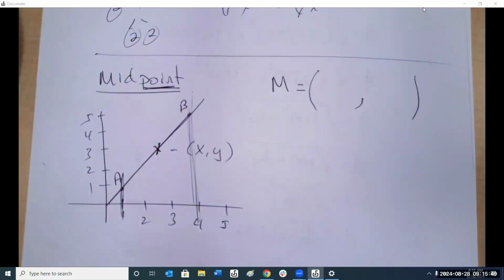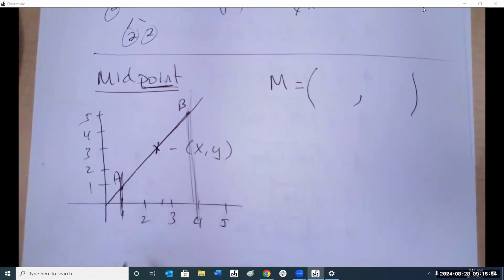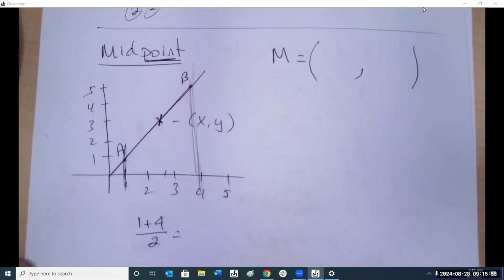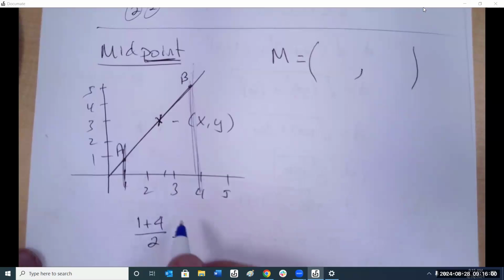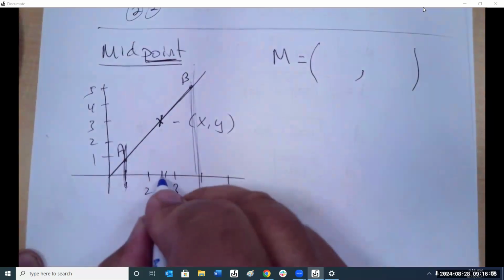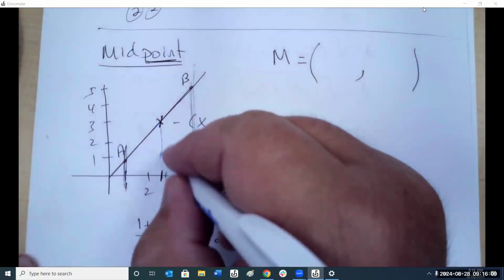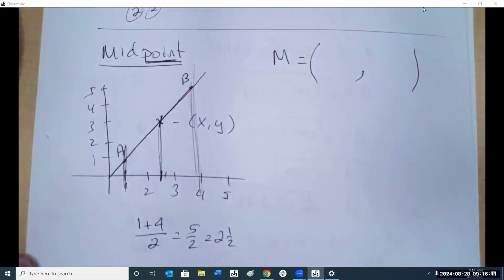Adding them together and dividing by 2. So to find the number that's halfway between, the average, I would take 1 plus 4 and divide by 2, which is 2 and 1/2, which is right there. So that's the X component of that midpoint, 2 and 1/2, 2.5.